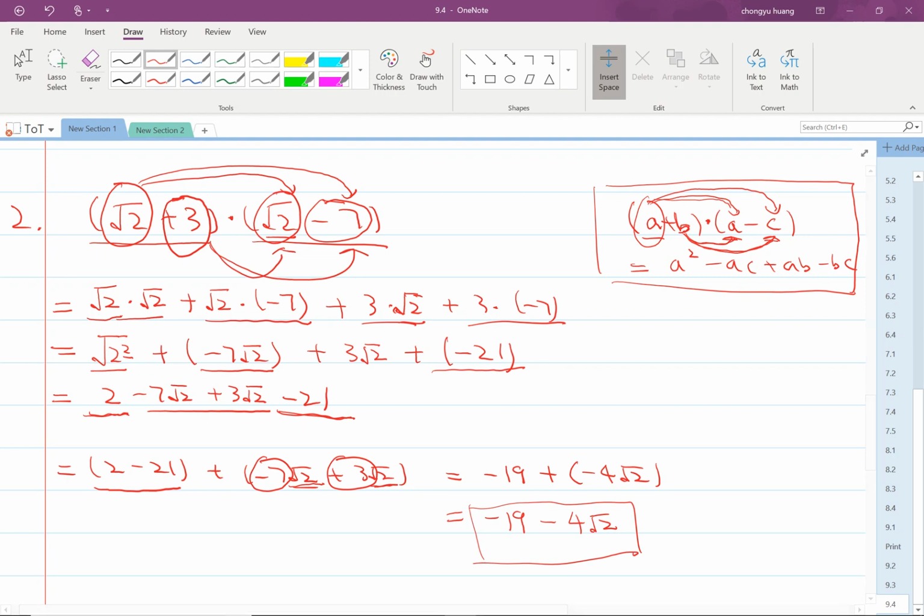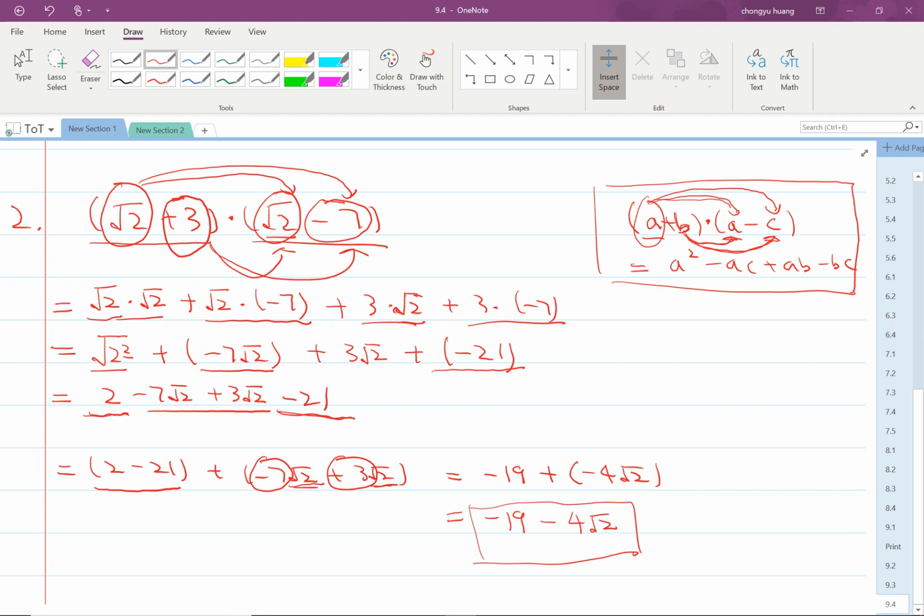If we take a final look at the solution, you can see we are not able to simplify more, because all the terms are already in the simplest form. So this will be our final solution. Let me read it: the final solution is equal to negative 19 minus 4 square root of 2.